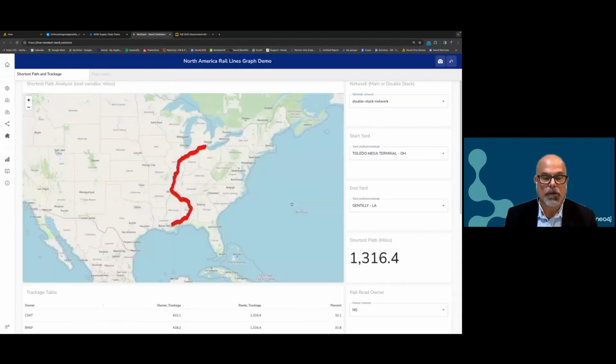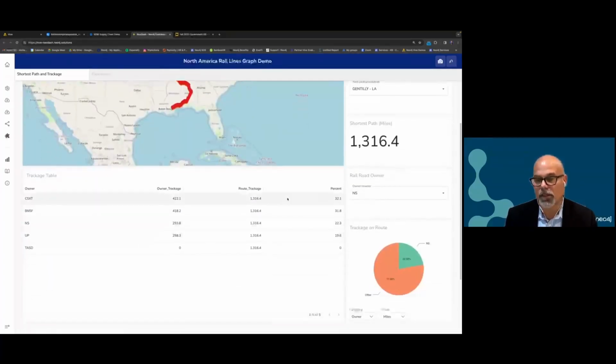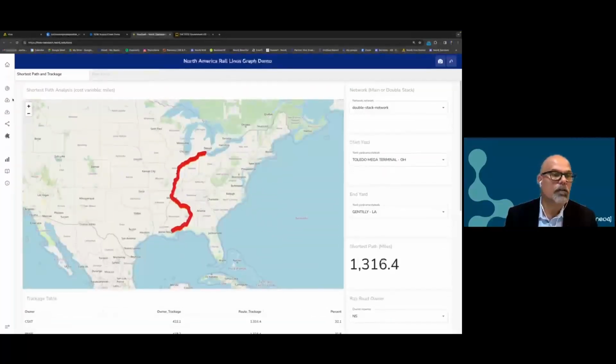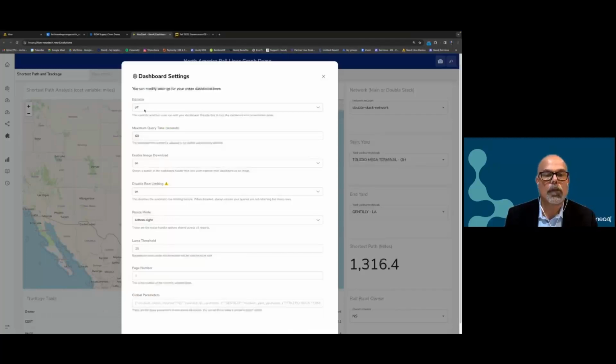And there you have the answer. And you can see that compared to the prior route, we've had to avoid the states of Kentucky and Tennessee, presumably because somewhere along those routes are some low tunnels or bridges. And we can also do things like look at ownership of the track across this route and so forth. The key thing that I want to show you, though, is let's take a look at what's actually under the hood here.